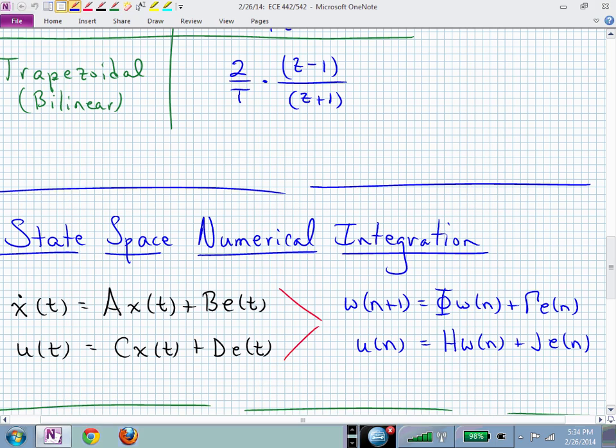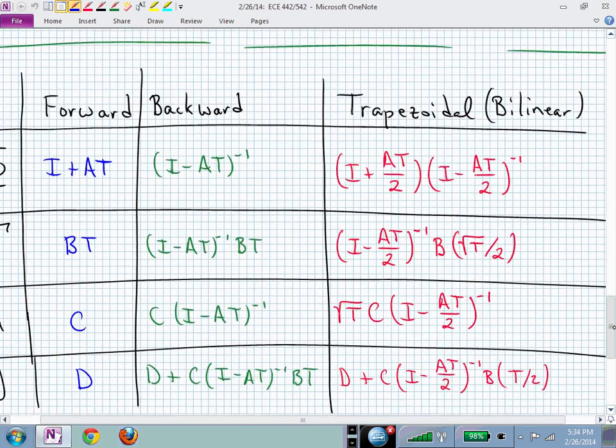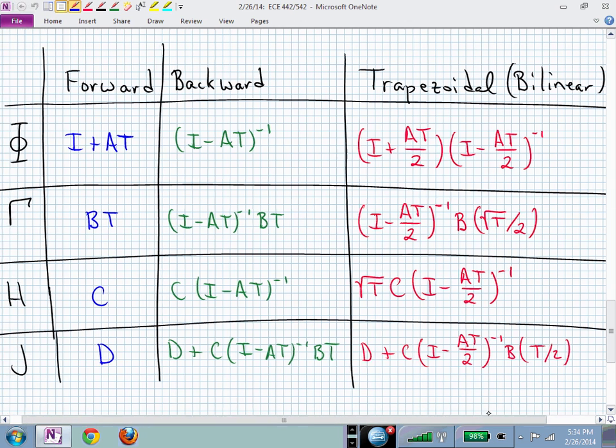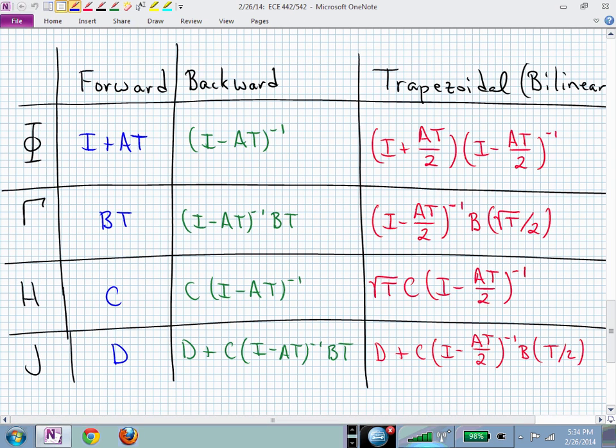Here's what we want to now try to understand by the end or halfway through this lecture. We have the phi, that's our system matrix in the discrete time case. We have our gamma, that's the input matrix. We have an H, and I'm calling now my output equation, I'm labeling those matrices differently because they do differ.